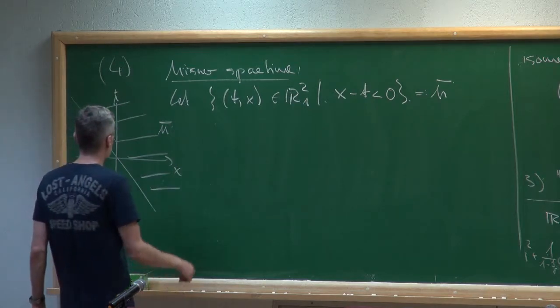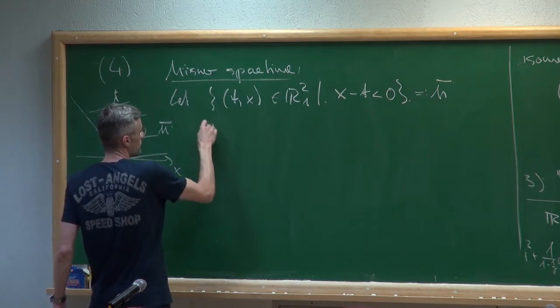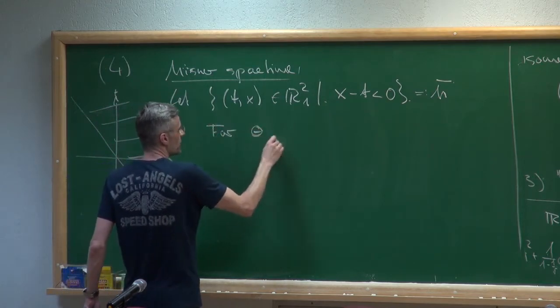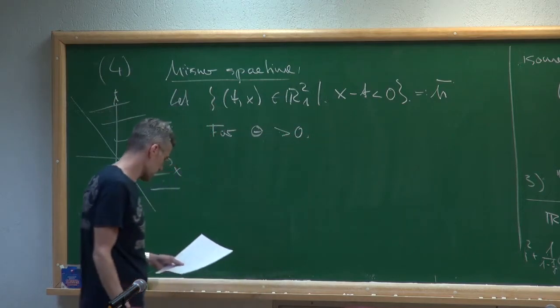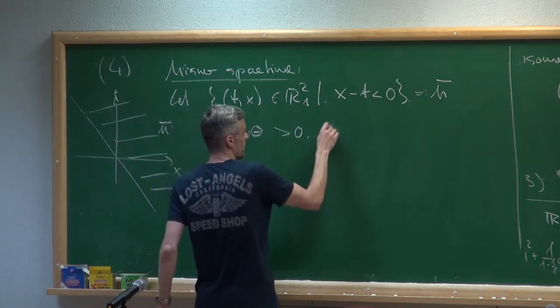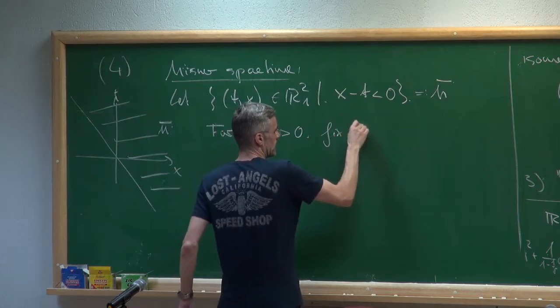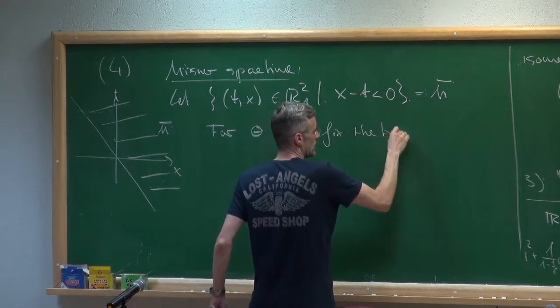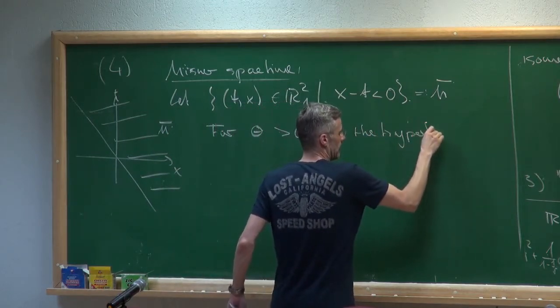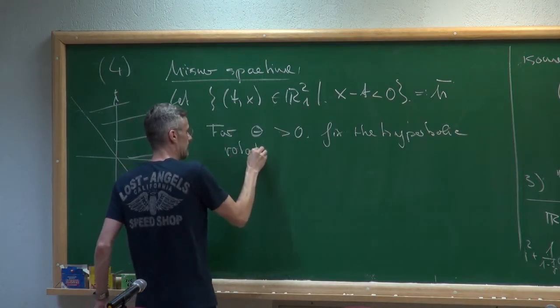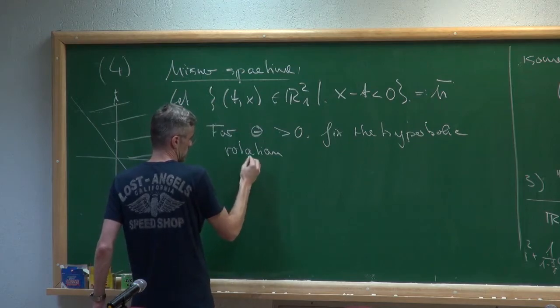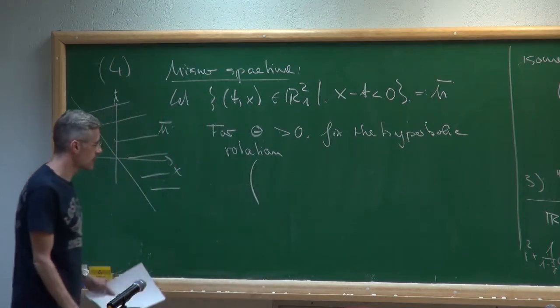Okay, and then I take a certain quotient of this thing. For theta, it should be positive, but it doesn't matter very much, it could also be negative. Fix the hyperbolic rotation. Just write down the matrix.